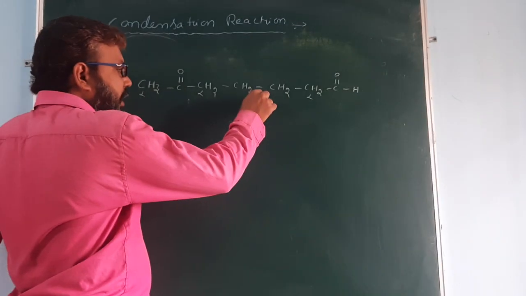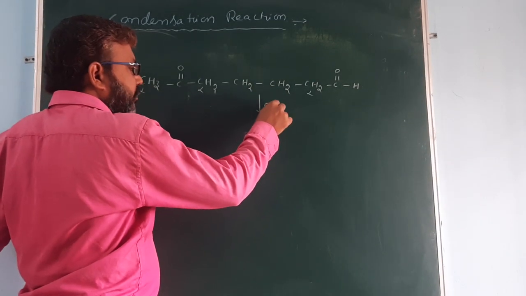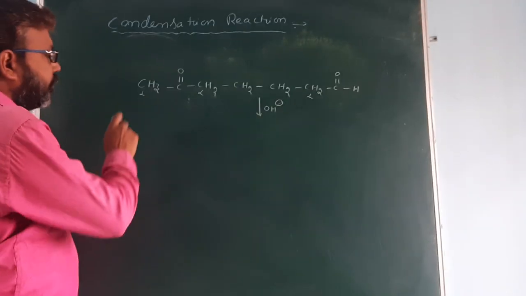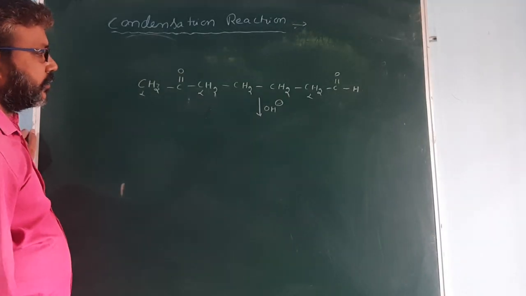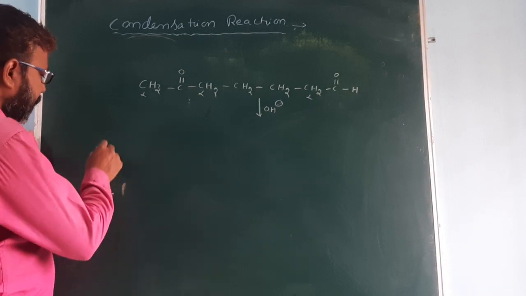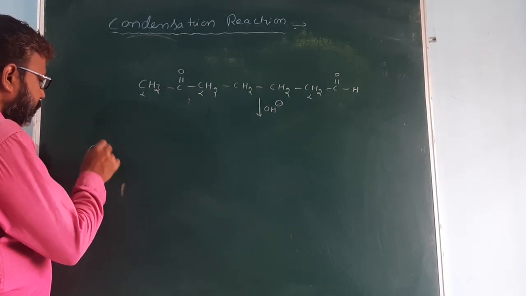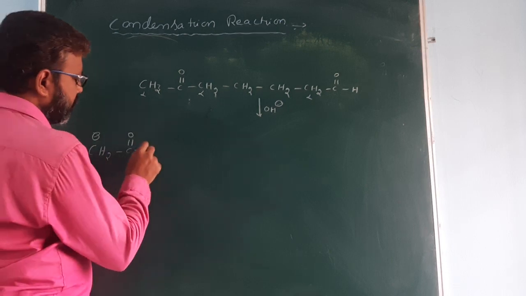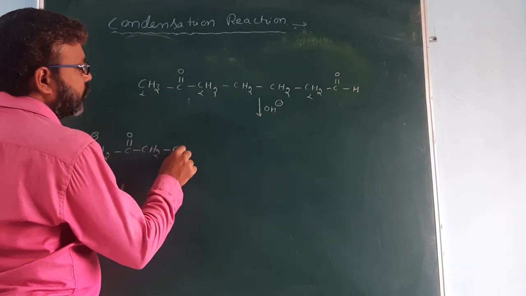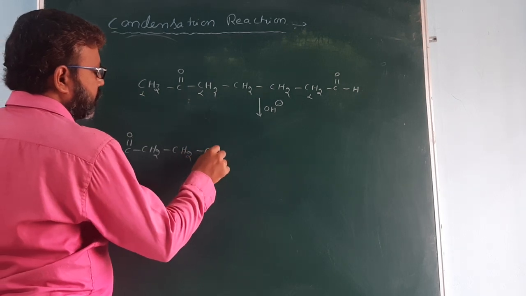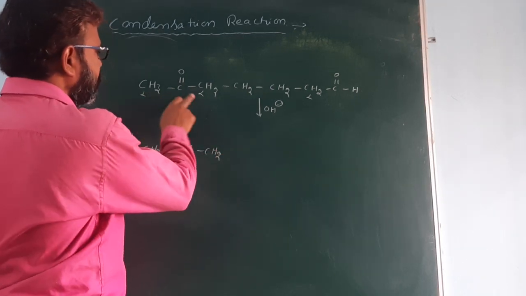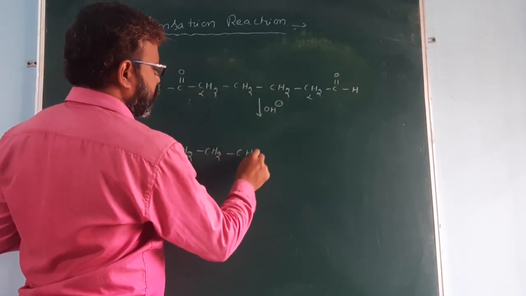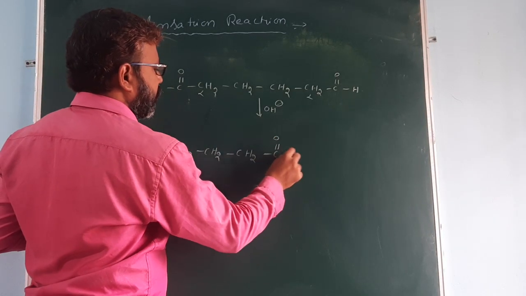Now here the reaction takes place in a basic medium. When the base subtracts the proton from this carbon, we get this carbanion: CH2 minus, C double bond O, CH2, CH2, CH2, CH2, C double bond OH.